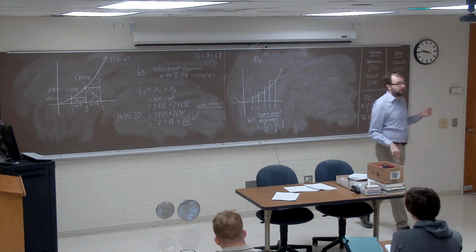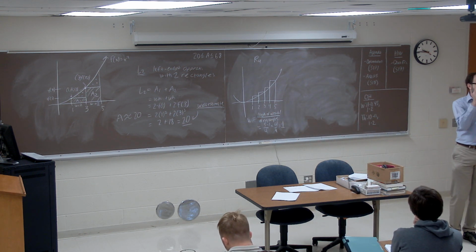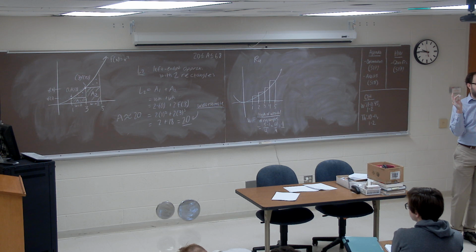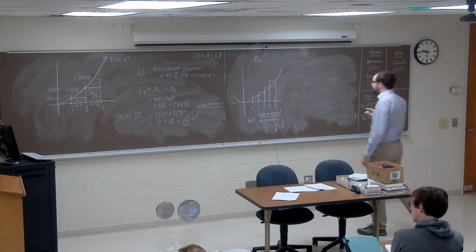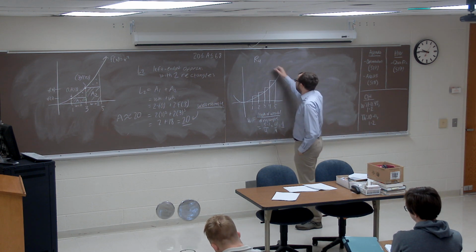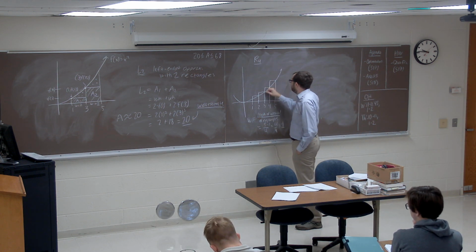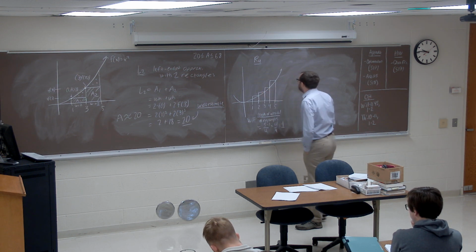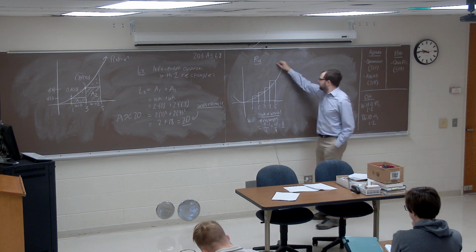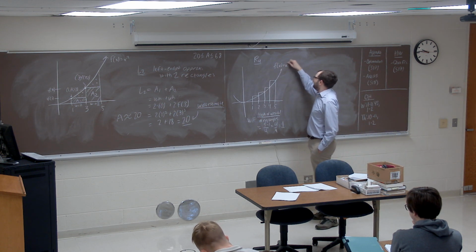So our rectangles are going to be twice as skinny as the previous ones. With 2 rectangles, they each had a width of 2. With 4, that width gets cut in half to give us a width of 1 instead. But if we're doing R4, we're still going to draw it out so that the right endpoints, the top right corners of our rectangles, all match up with the function, which is still f of x equals x squared.